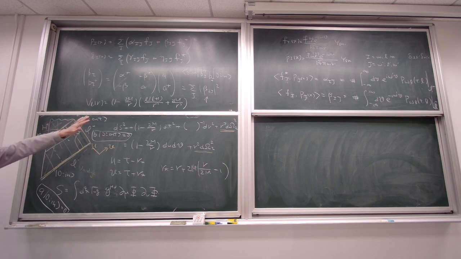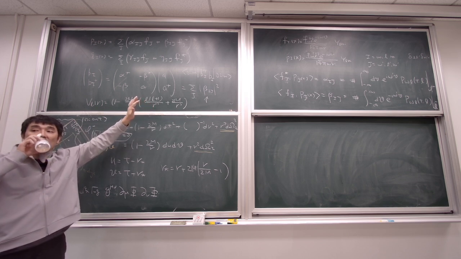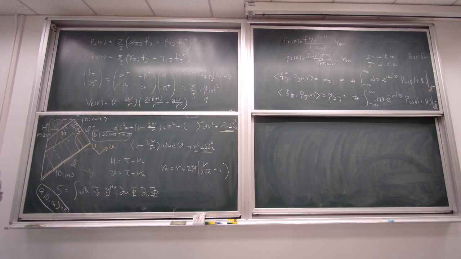It's purely due to this angular momentum barrier. So due to the angular momentum barrier, there is a reflection to the future infinity from past infinity. So we want to omit this kind of mode.